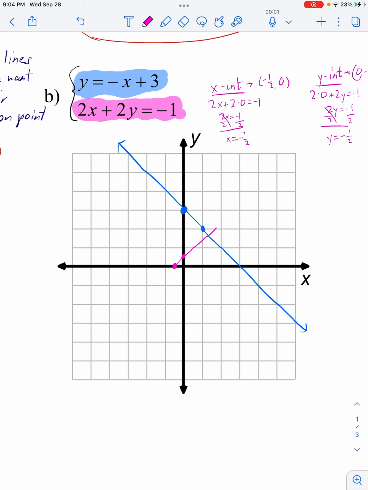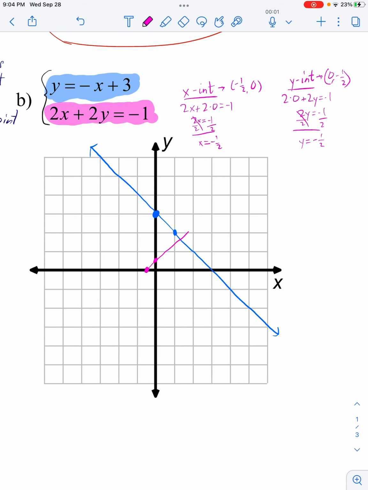So I think my slope here is 1, I'm pretty sure, right? Wait, so -1/2 minus 0. I'm just finding the slope real quick, guys, so I make sure I plot it correctly.